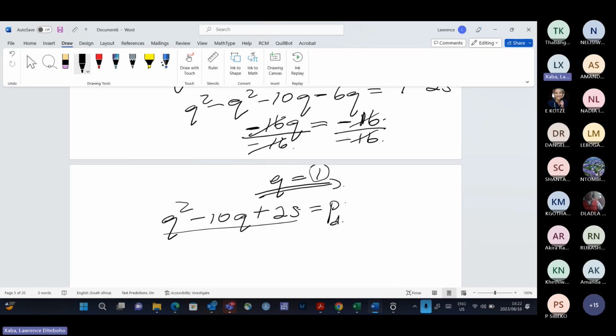You can also try the second equation. What is important is that they have to give us the same value. If we substitute here and end up getting 16, the second equation of the supply function also has to give us 16.